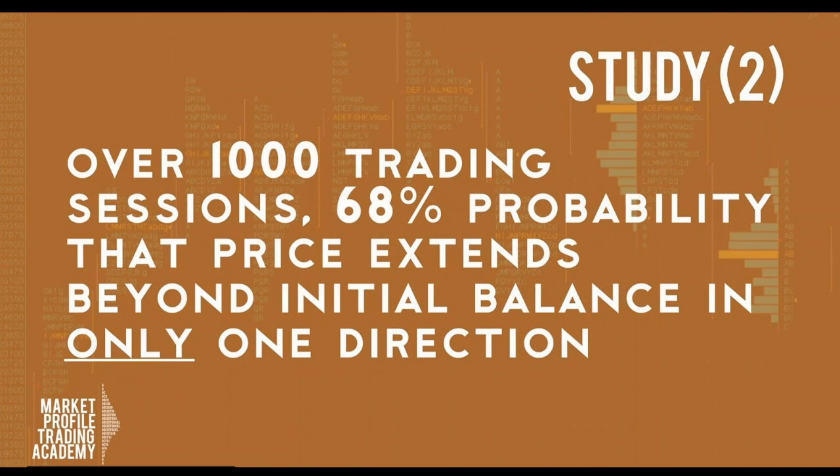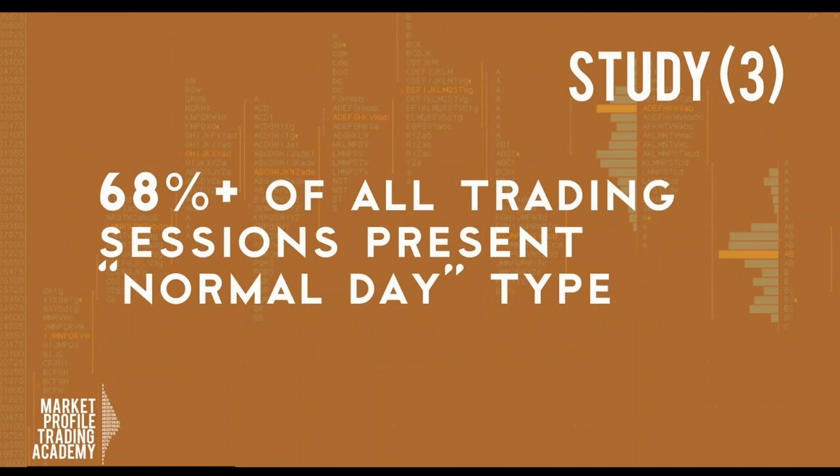That means if I have an IB high and IB low, 7 out of 10 times it's only going to exceed one edge of one of those extremes. That leads to an expectation that 68 to 78% of the time trading sessions present what we call a normal day type, where most of the day's range is contained inside of this initial balance.